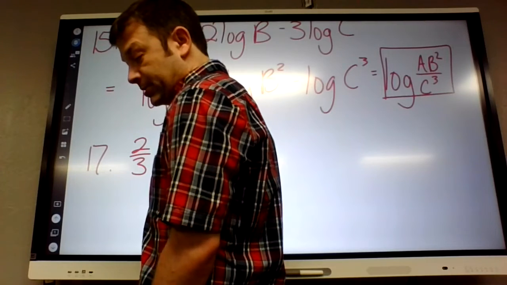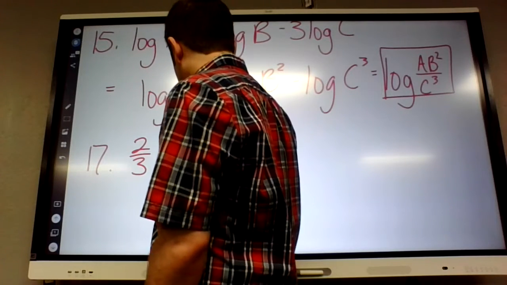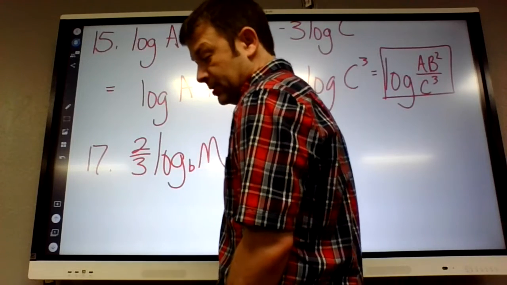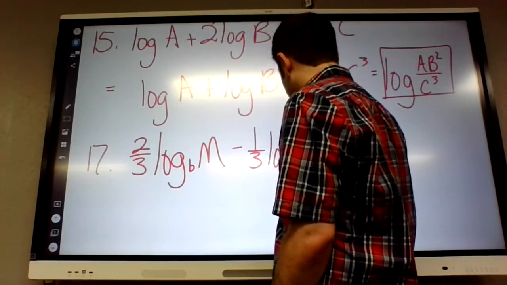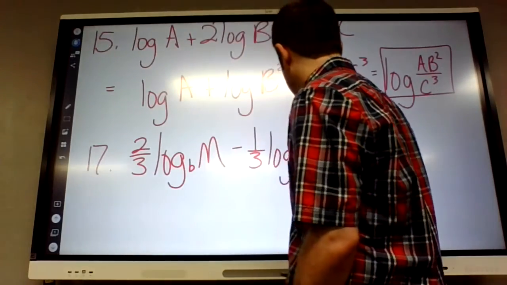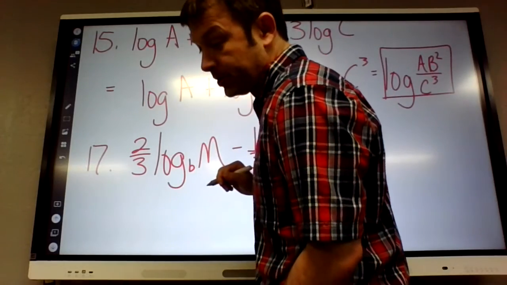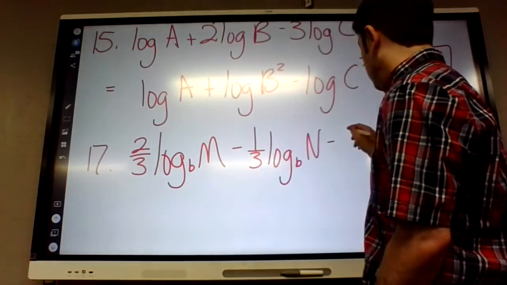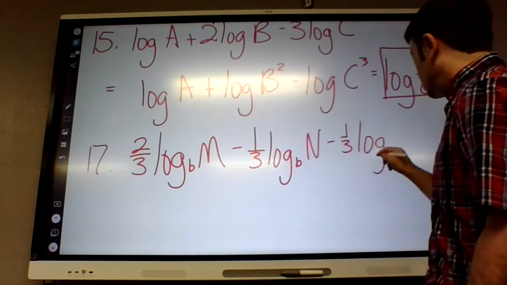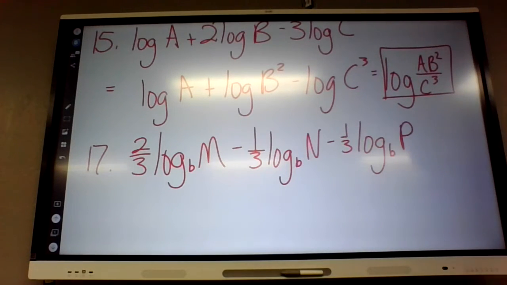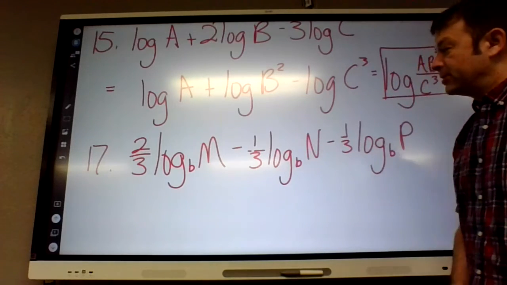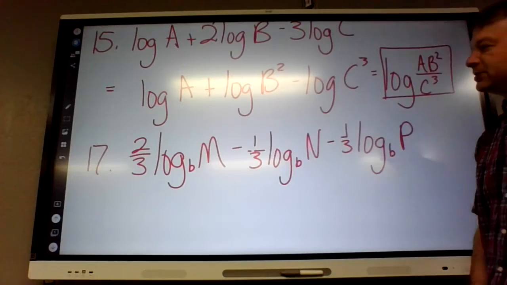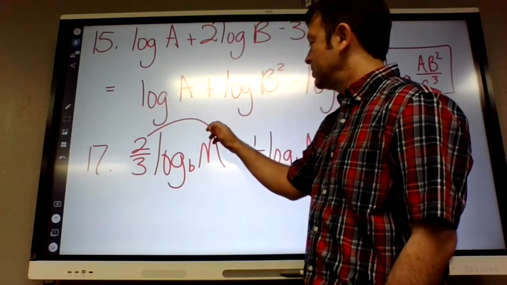So we got 2/3 log of B minus 1/3 log base B of N, minus 1/3 log base B of P. Okay, so the 1/3 has been multiplied out. Now what do we do with those numbers out in front? They're going to go up in the exponents.